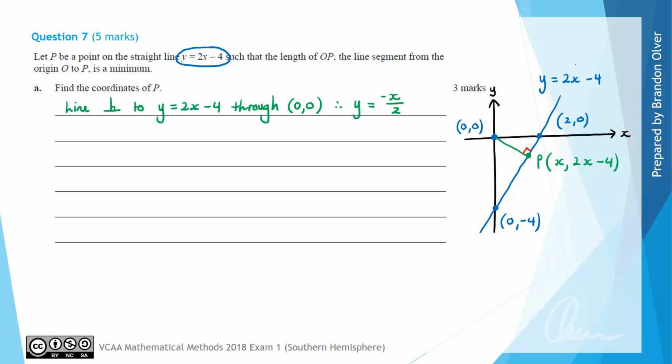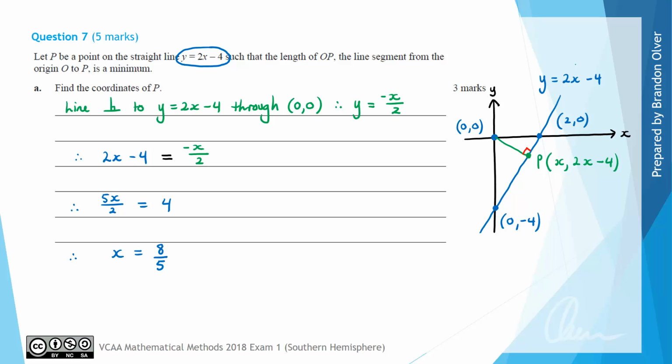From here we just set those two equations equal to each other. So 2x subtract 4 equals minus x on 2. Adding x on 2 to both sides, we get 5x over 2, or 2.5x, and then adding 4 gives 5x over 2 is equal to 4, so x is equal to 8 over 5.